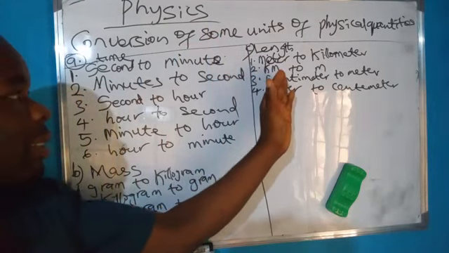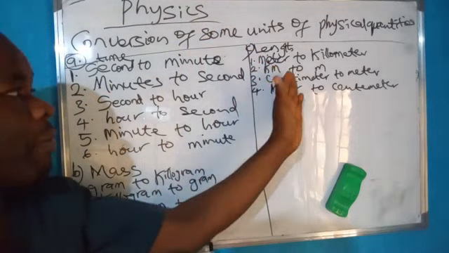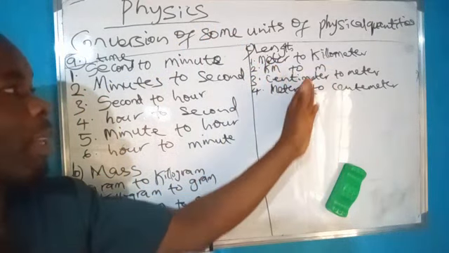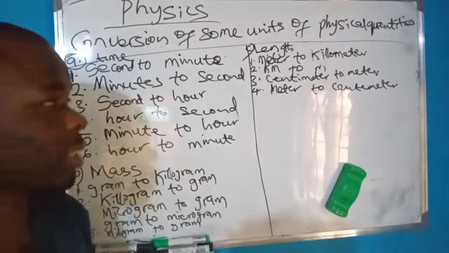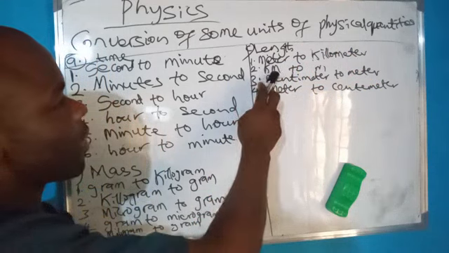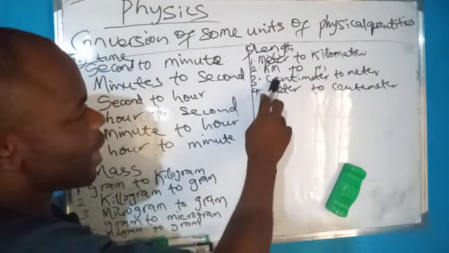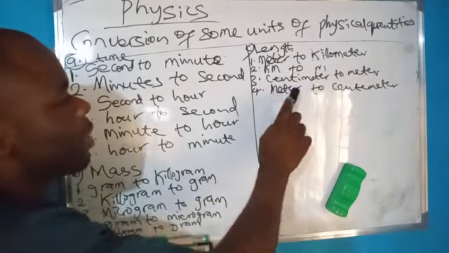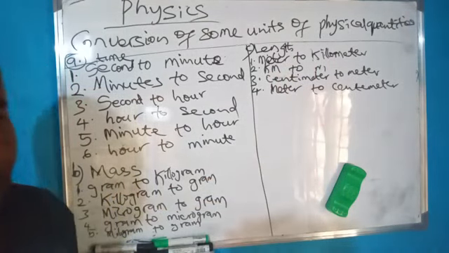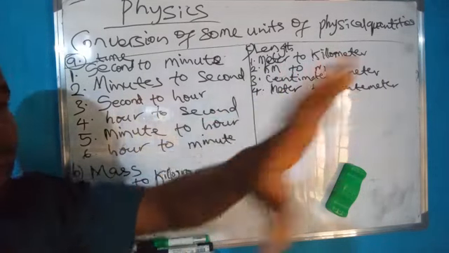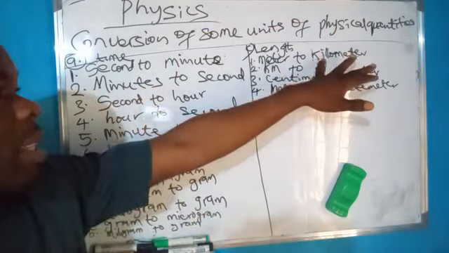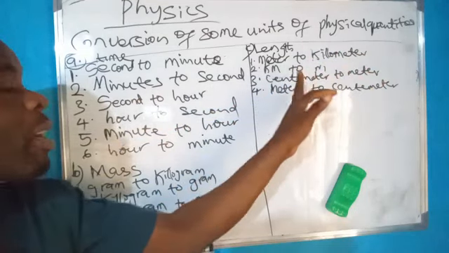then length. For length now you have meter to kilometer. The kilometer is the one that is internationally accepted. Then you see kilometer to meter, then centimeter to meter, meter to centimeter. Very good. Sorry, I made a mistake in the case of kilometer.